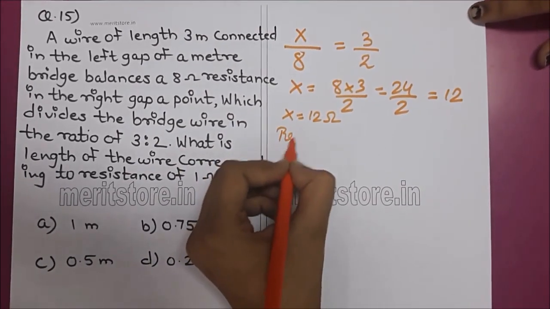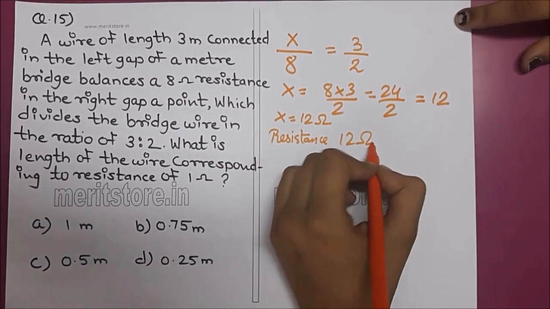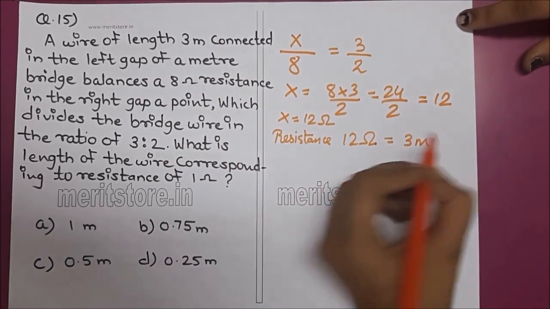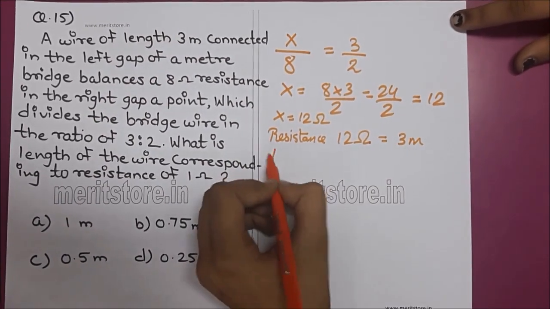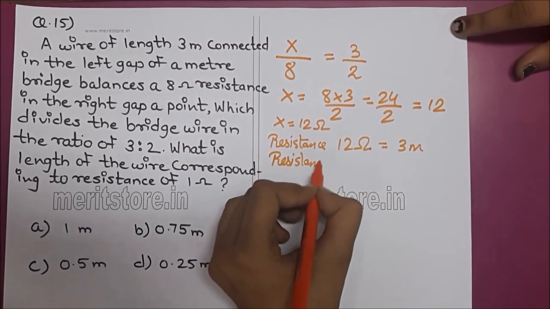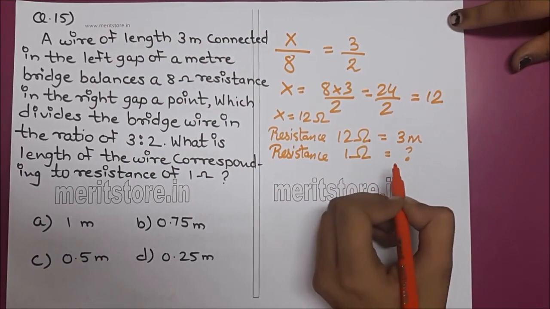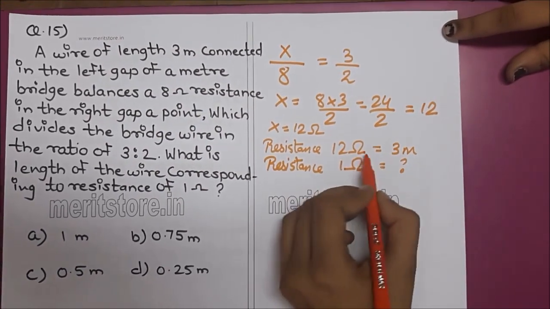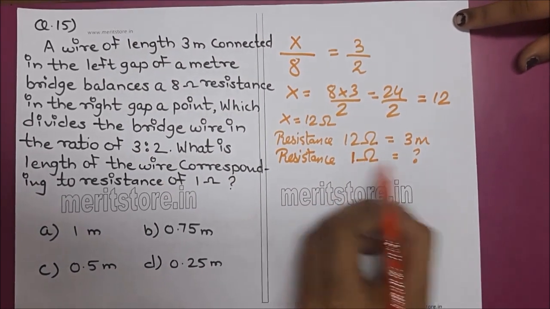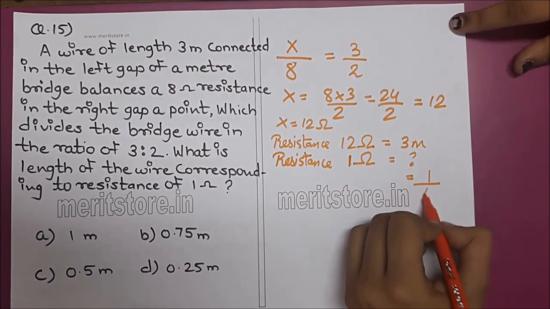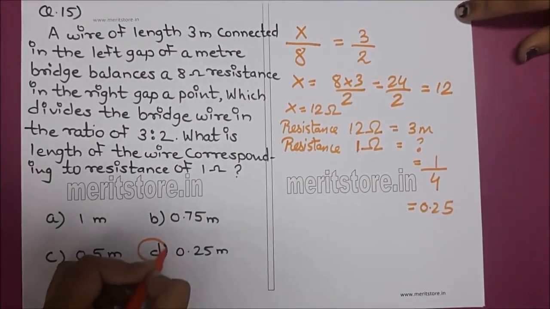Now for a resistance of 12 ohms, I have the length as 3 meter, because length is given as 3 meter. Then for resistance of 1 ohm, my length will be how much? For 12, it is 1/4 of what the resistance is. Therefore, for 1, it will be 1/4 of what it is. Therefore, this will be like 1 by 4. 1 by 4 is 0.25. Option D is the correct option.